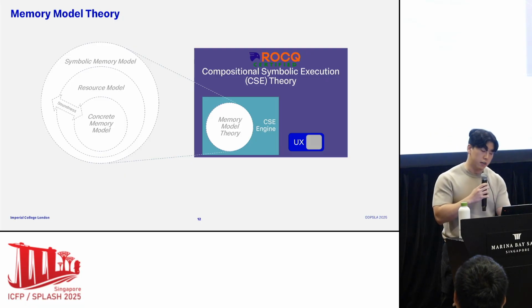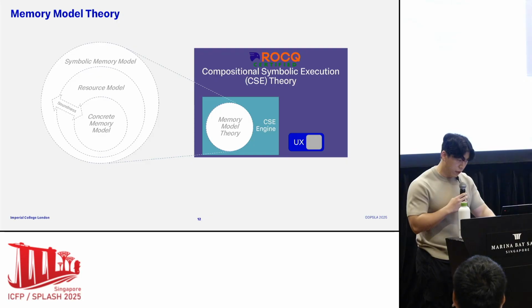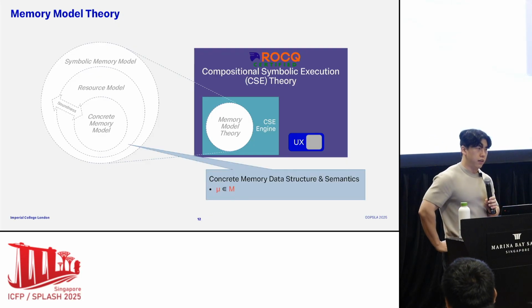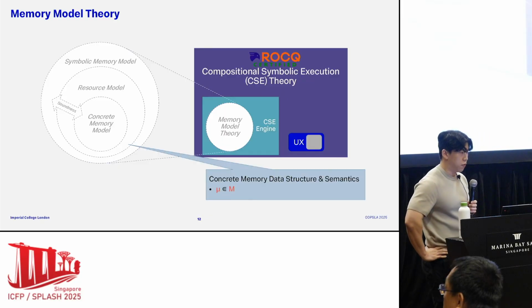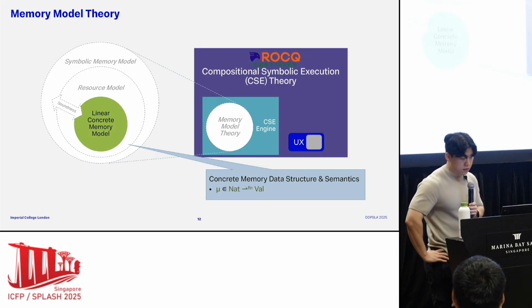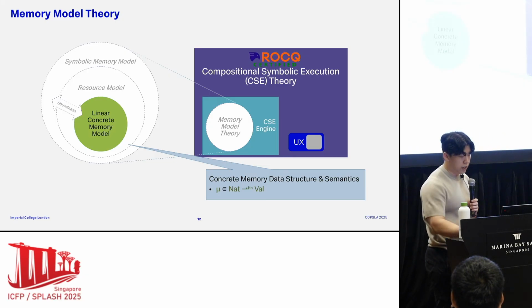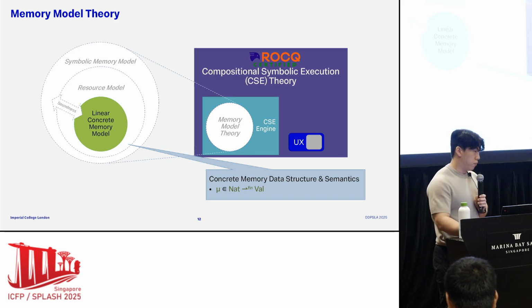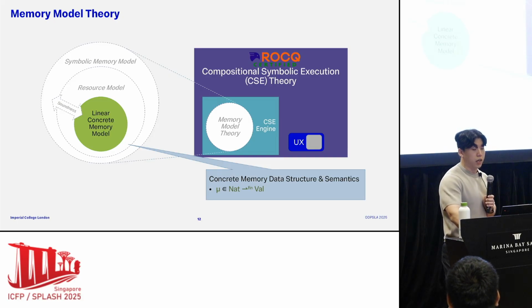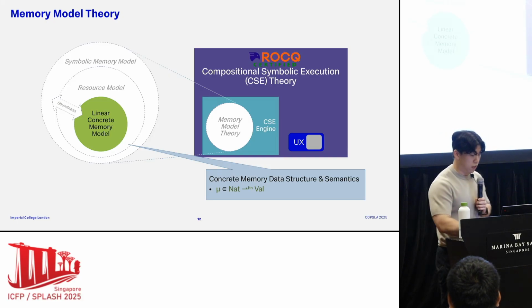Looking at it from bottom to top, we start from the concrete memory model. Here we define the data structures, semantics, and properties of the concrete memory. To give an example of instantiation, if we consider the linear concrete memory model, the structure of this would simply be a mapping from locations to values.